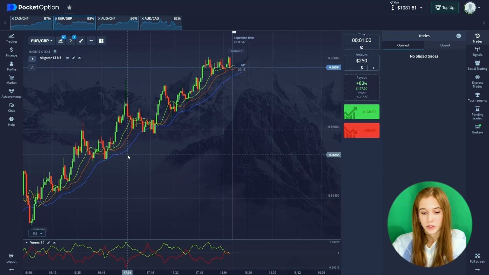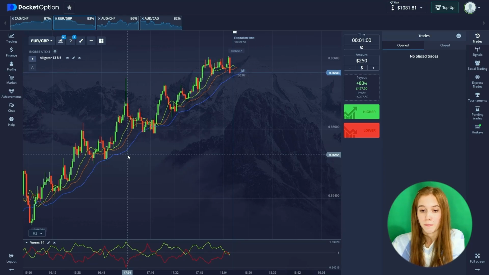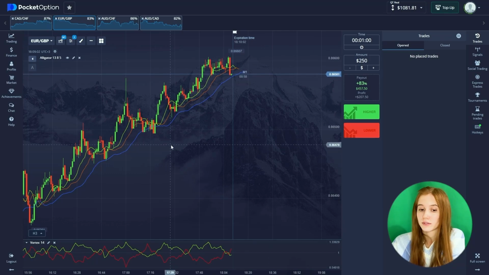I think it was very good. We increased our balance, and let's summarize it. We increased our balance. It was $51 at the beginning of our trading, and we have now more than $1,000.